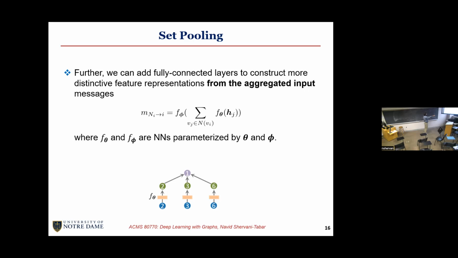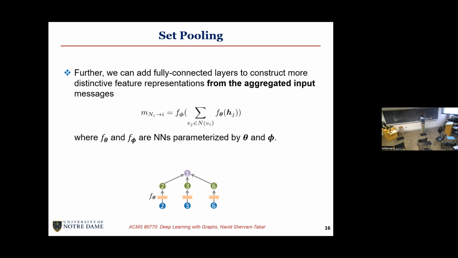Then f theta of h_g means that my embeddings h_g go first through a multi-layer perceptron. Then I get some new features here. I sum over them, and then I get this, and I pass it through some function. Now I have two fully connected neural networks.